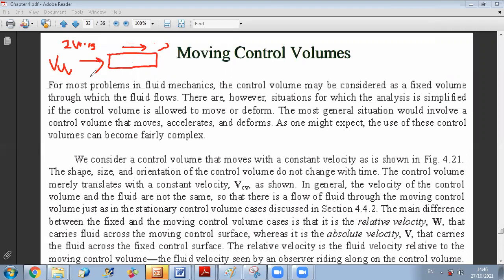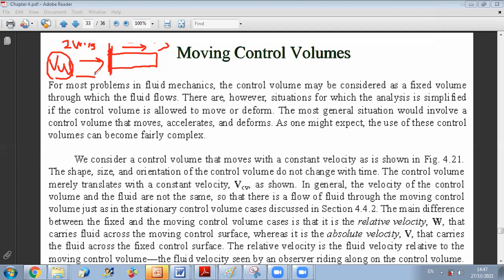So this is why we say that when we calculate the mass flow rate through the control surface, we should not consider the absolute value of velocity of the fluid. We should consider the relative velocity between the fluid and the control volume.